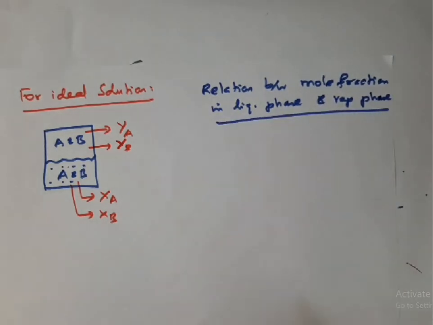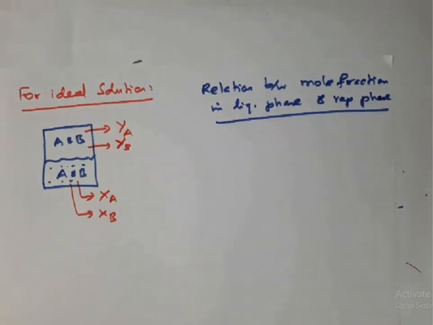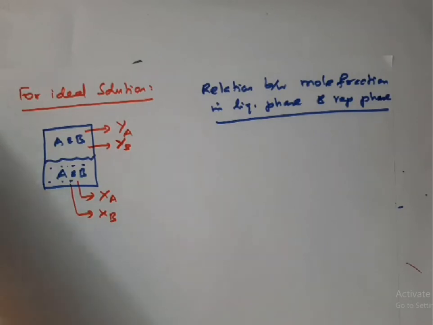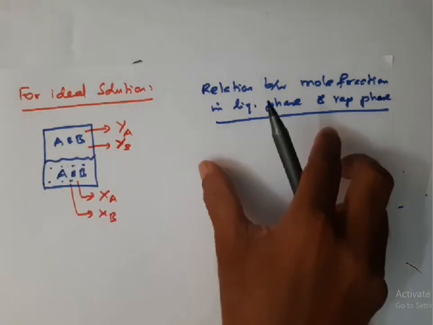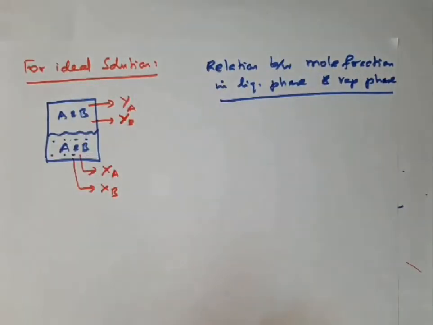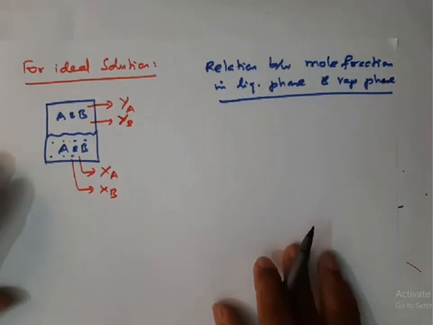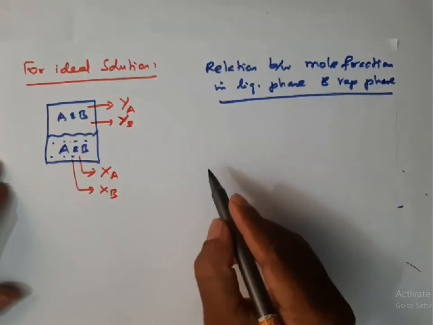What is the relation between mole fraction in the liquid phase and the mole fraction in the vapor phase? How to relate them? Listen, whatever I am going to discuss here is applicable only for ideal solution. Students, keep this in mind. It is applicable only for ideal solution. Now, for ideal solution, say this.